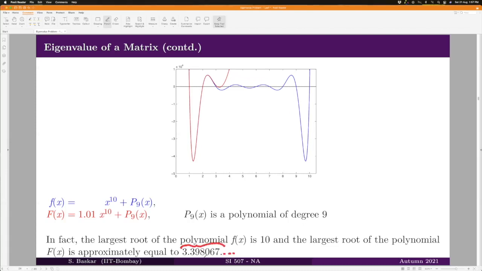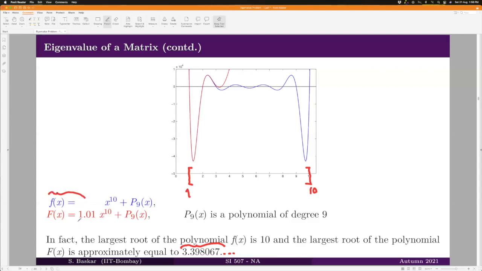It may have all other roots as complex roots, or it may have other real roots. But what is very important to see here is that the capital F of x has no root other than these roots in the interval 1 to 10. This is unlike the polynomial equation small f of x, right?